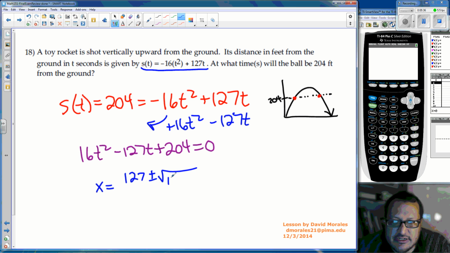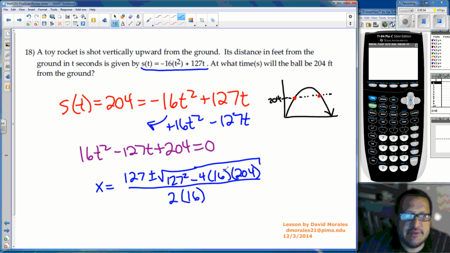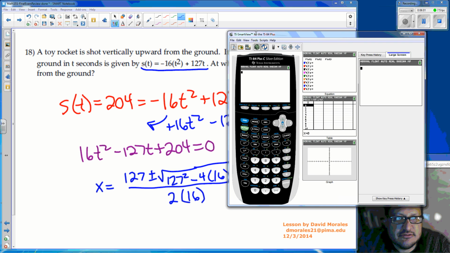So these numbers are already getting kind of big, over 2 times 16. Now, the numbers are big, but keep in mind we're allowed to use a calculator. So I am going to do that now.